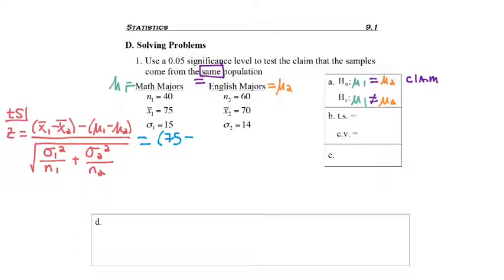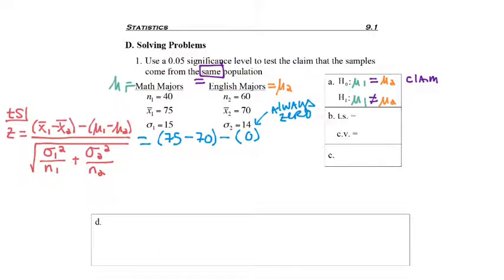We're going to be subtracting x bar 2, which we can see is listed as 70. And then we need to subtract mu1 minus mu2, which we're used to coming up to H0 and seeing what number to use for the population parameter, and we don't see any numbers, but as we've discussed, we're going to use 0. It's always 0 in that position.